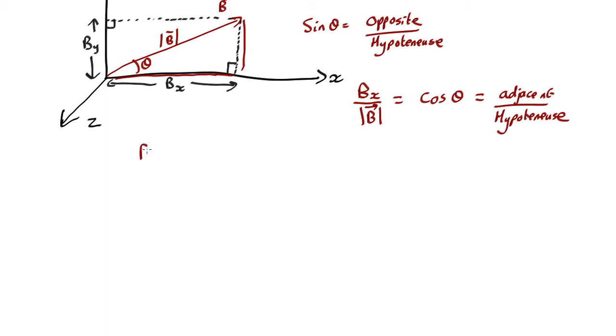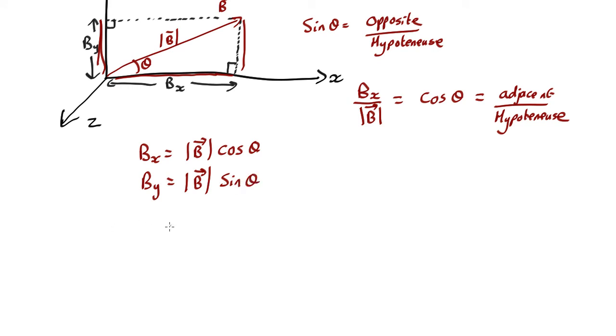So the x component, bx, is just mod b cos theta. How about the y component? Well, the y component is this length here, which is the same as that length there. That's the opposite of this right-angled triangle. So we can do the same sort of calculation, and we find that by equals the length of the vector times sine theta.